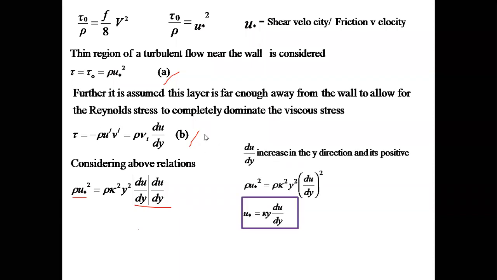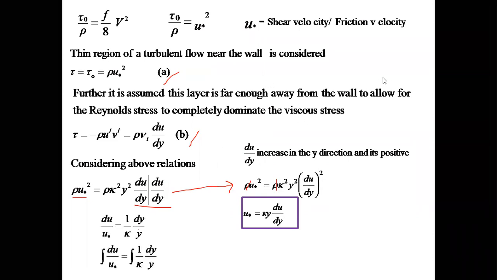Then from here we can derive this one. If you simplify this, rho cancels rho, then take the square root, and we will get u star equals k y times du by dy.